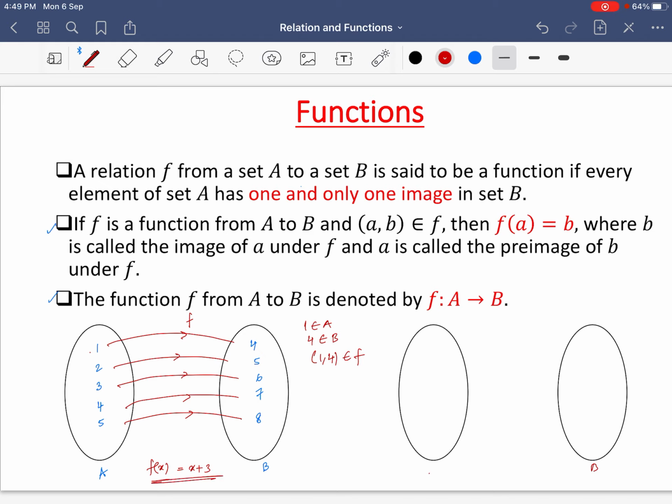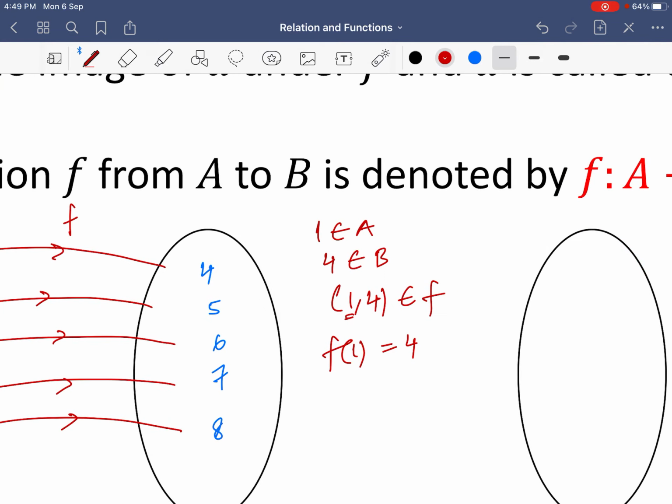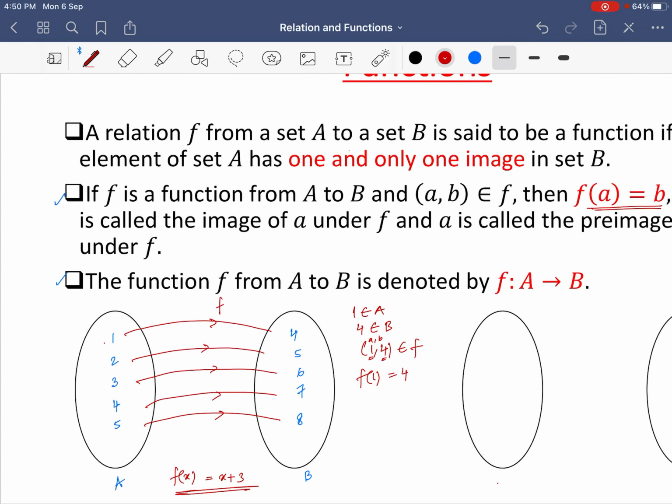So if these conditions are satisfied, then f(a) = b. What do you mean by this? It means f(1) = 4. This 1 denotes a and this 4 denotes b, (a, b). So f(1) = 4. I have said the function is x plus 3. Now f(1) means in place of x I will put 1.